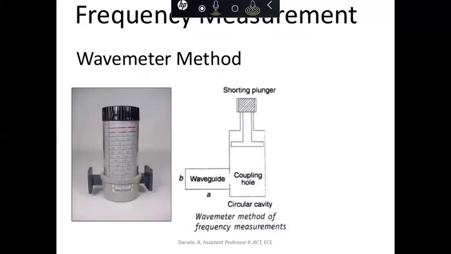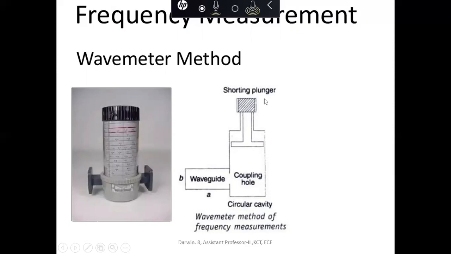For example, if you are generating a signal with a frequency of 10 GHz in the lab setup, we will be using X band components, which range from 8 to 12 gigahertz. So I'm taking an example of a 10 gigahertz signal generated by the source. It is connected through this waveguide and reaches the wave meter.